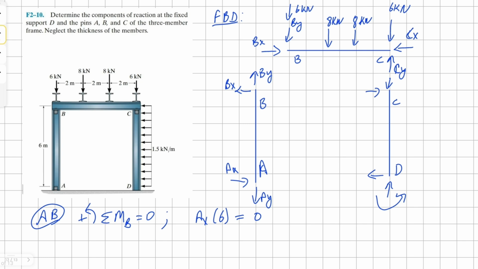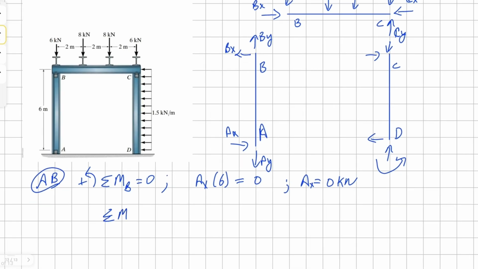Therefore our reaction for Ax is equal to 0 kilonewton. Now we're going to take moment about the point A. We have member Bx, that's 6 meters apart, and again, because there aren't any other reactions, this is going to be 0 kilonewton.